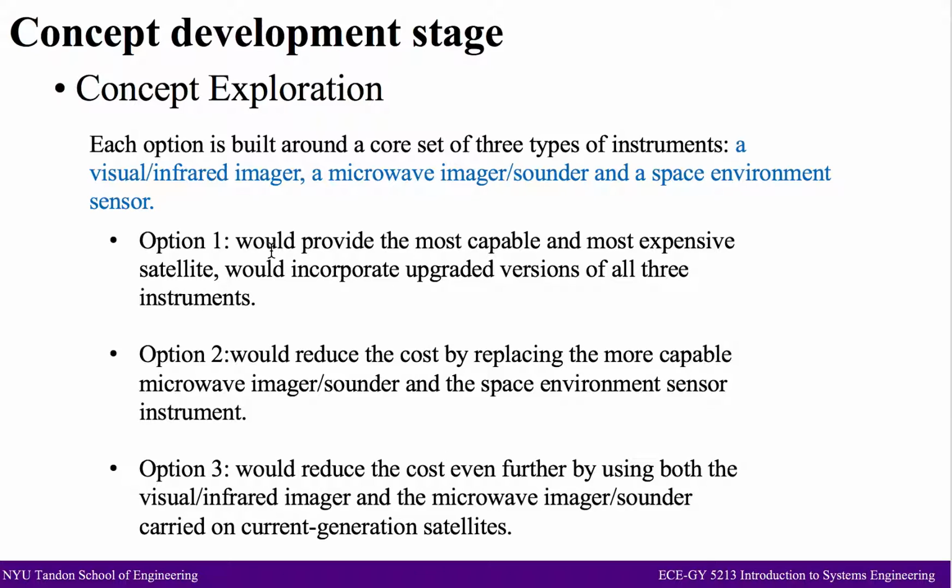And the third option would reduce the cost even further by using the visual imager and the microwave imager or sounder carried on current generation satellites, as can be seen from Table 1.